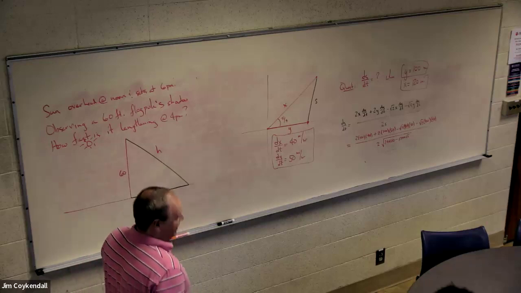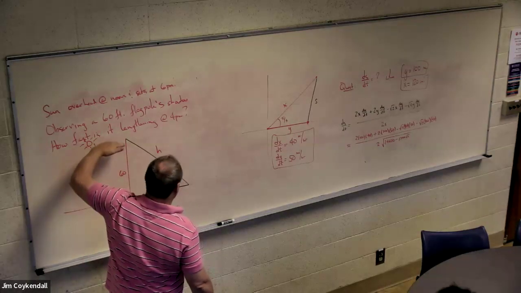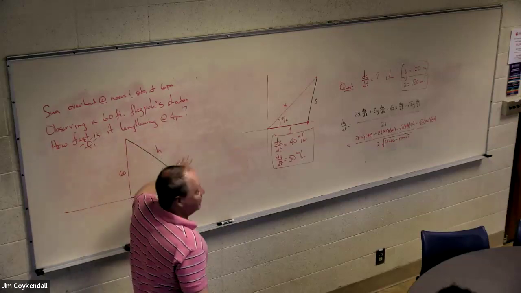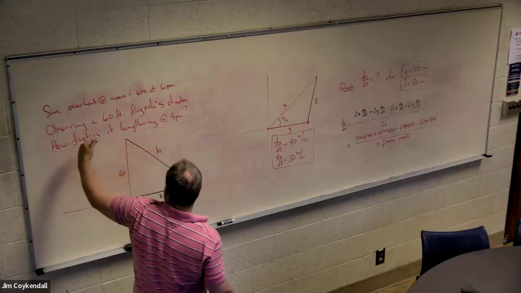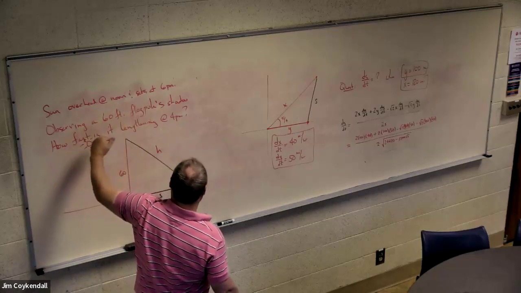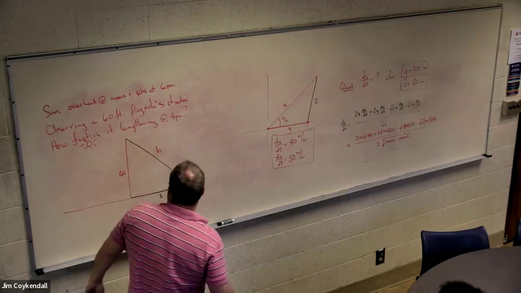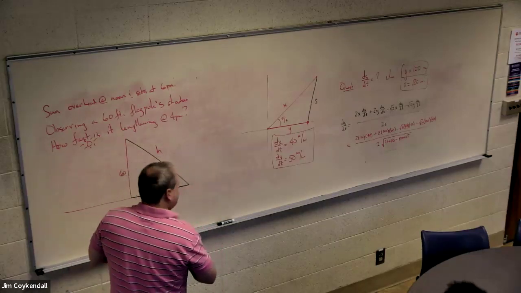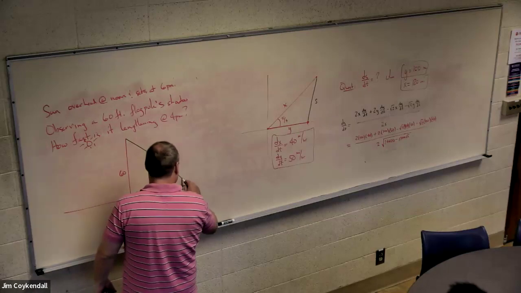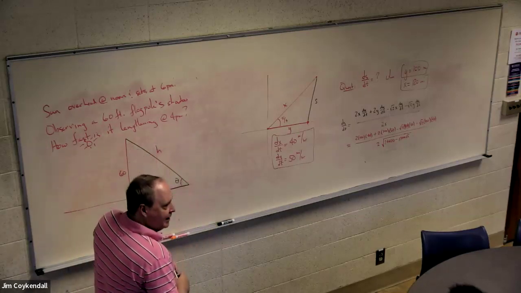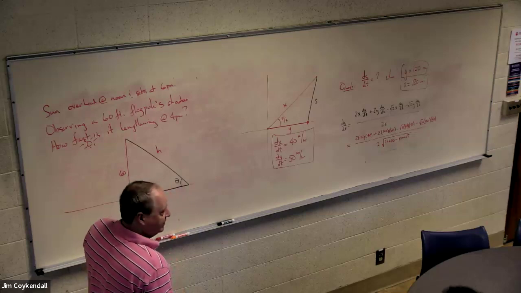I would expect, when the sun's almost flat, the shadow to be almost infinite. We're ignoring the curvature of the earth, but as the sun flattens out, the shadows get longer and longer. So I'm going to label this theta, because that changes.